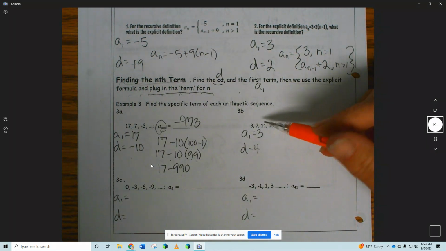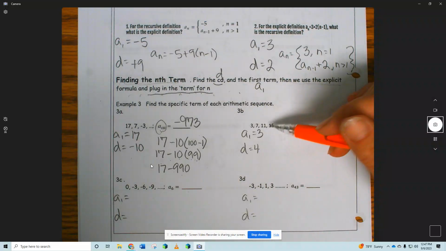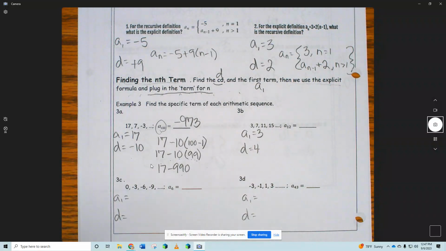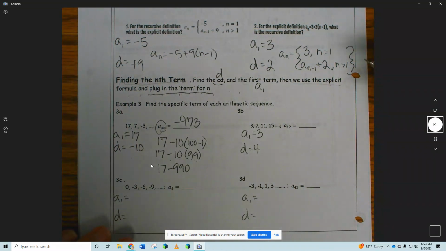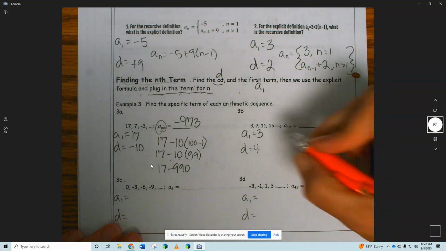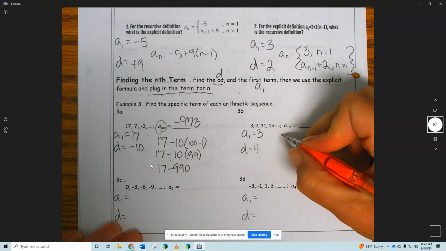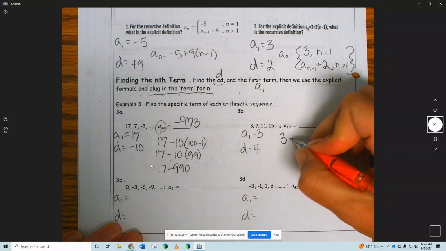Second one, 3, 7, 11. Okay, obviously, a sub 1 is 3. Common difference is up by 4, right? So I'm going to write the explicit formula. 3 plus 4 parentheses.